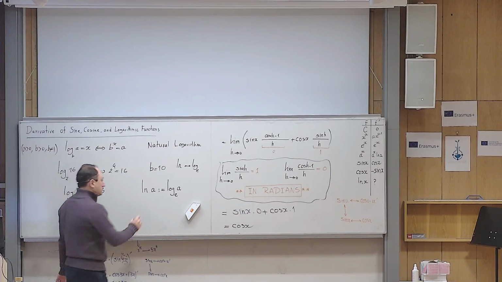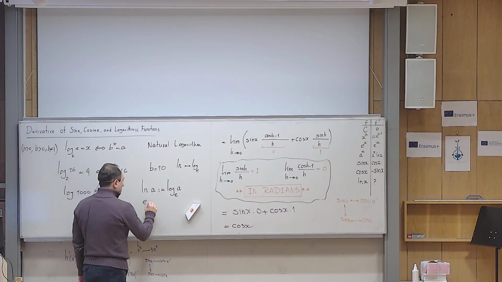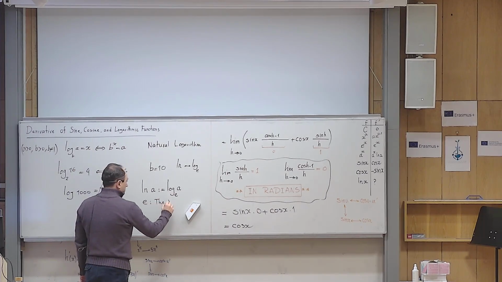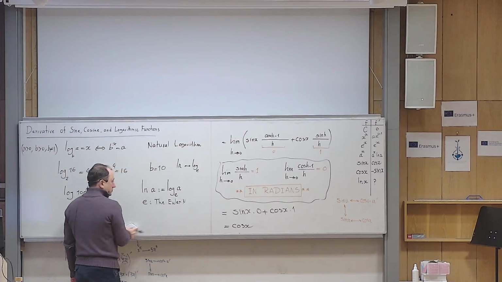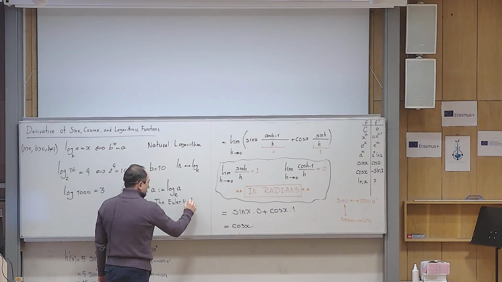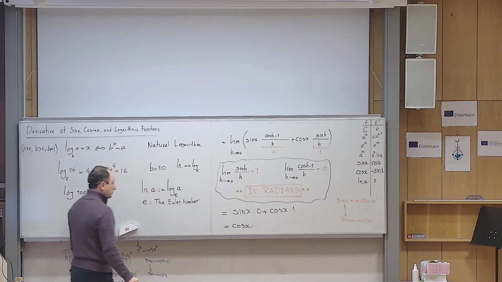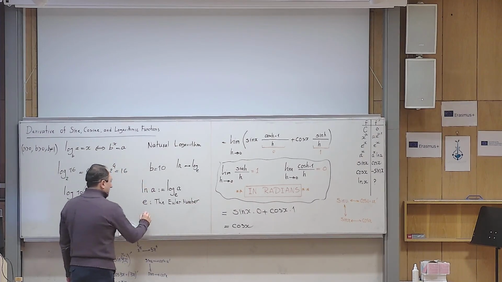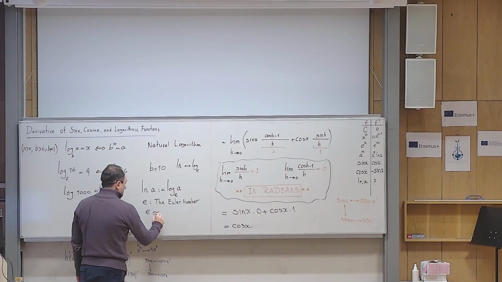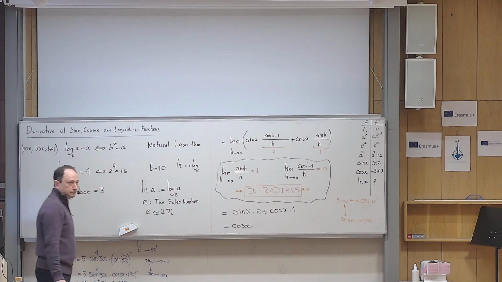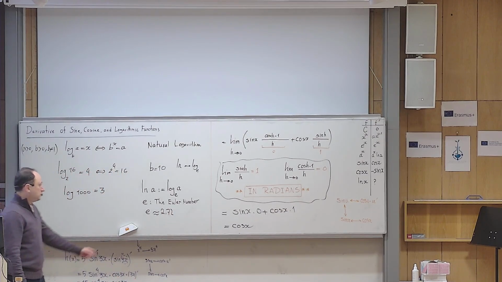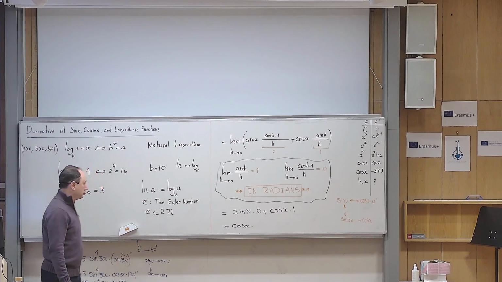But do you remember what e is? e is the Euler number. We discussed this extensively in Math 3C. If you have forgotten, you can just watch the video. So the Euler number is an irrational number, approximately 2.72. It's irrational, so it means that these decimals will continue forever.